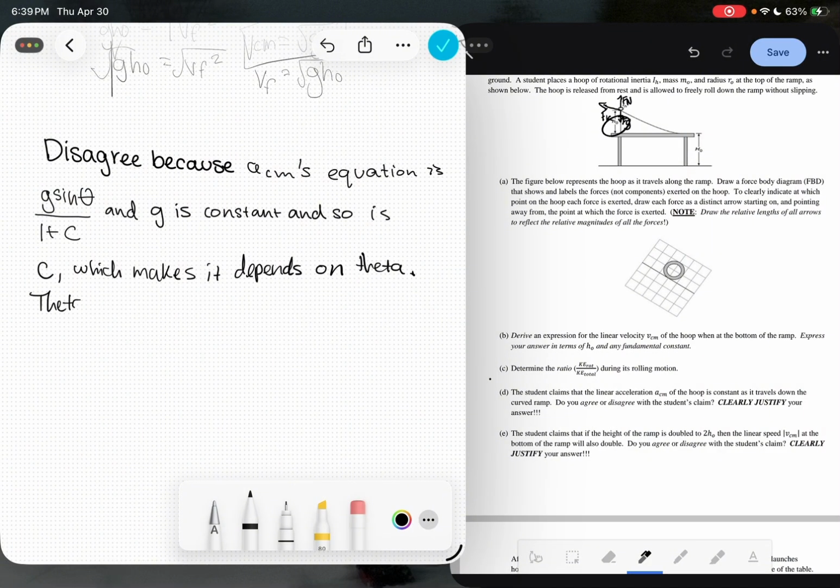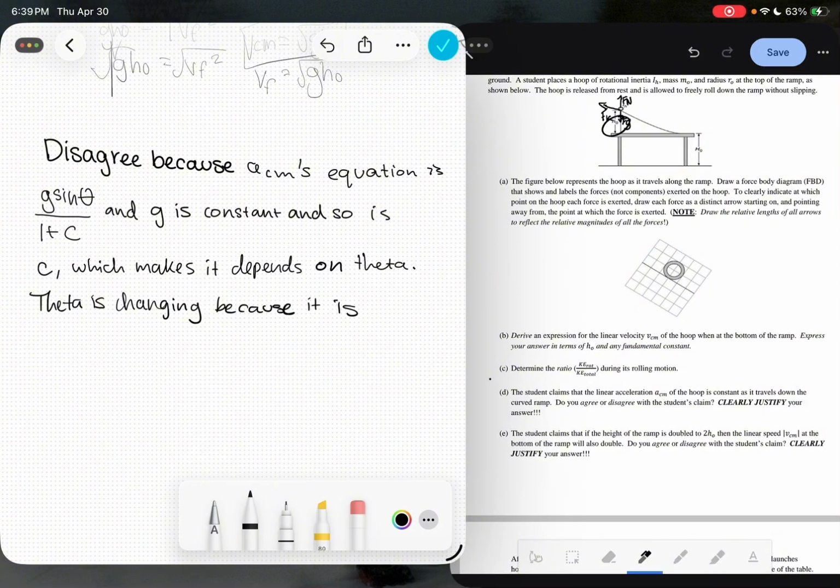Theta is changing because it is a curved ramp.